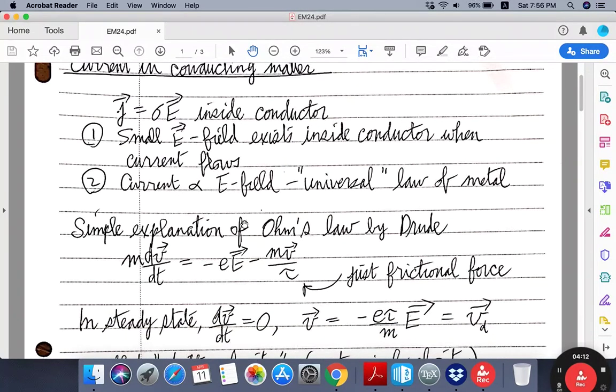And the other thing is that this relation suggests a linear relationship between the amount of current and the amount of electric field.